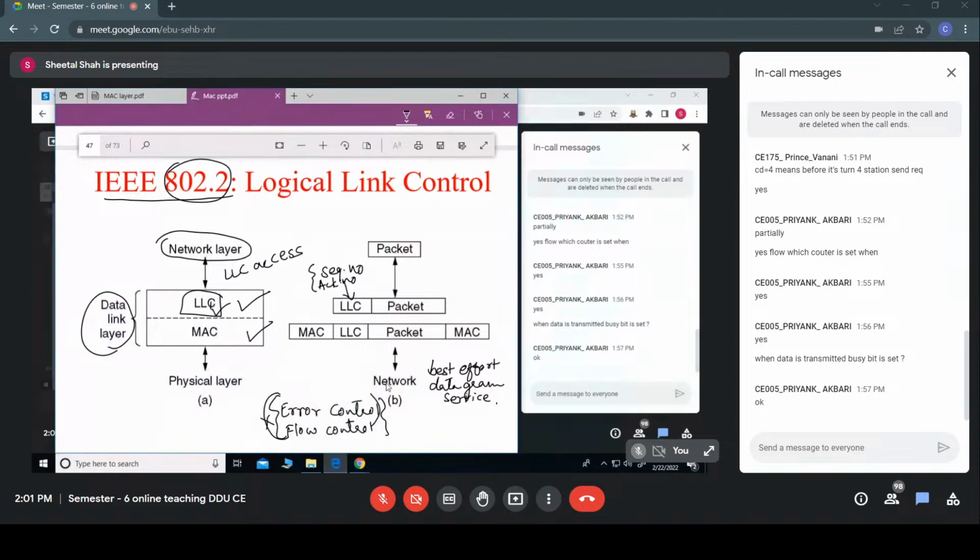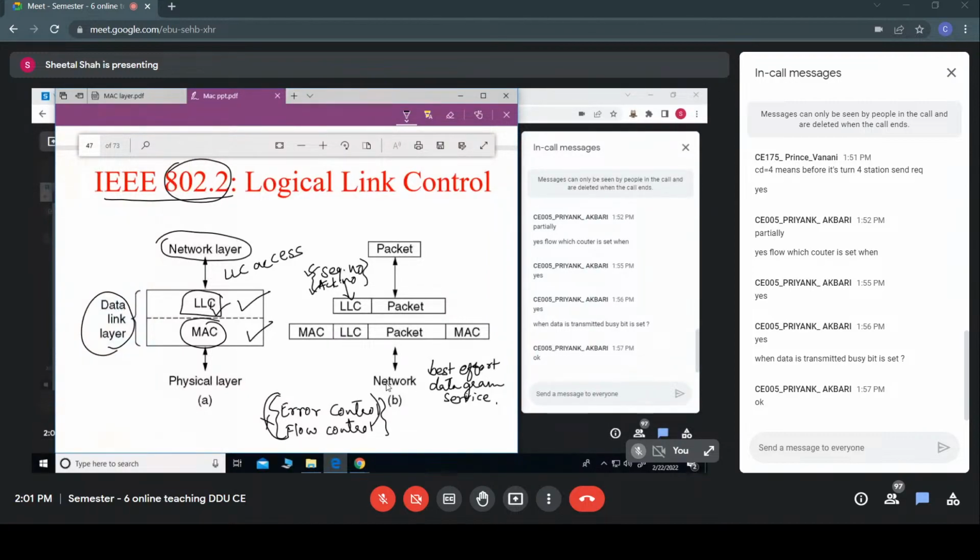Are you getting me? In the MAC sublayer you don't find error control or flow control, but by using the LLC sublayer, its header has the sequence number as well as the acknowledgement number of the fragment or the packet.